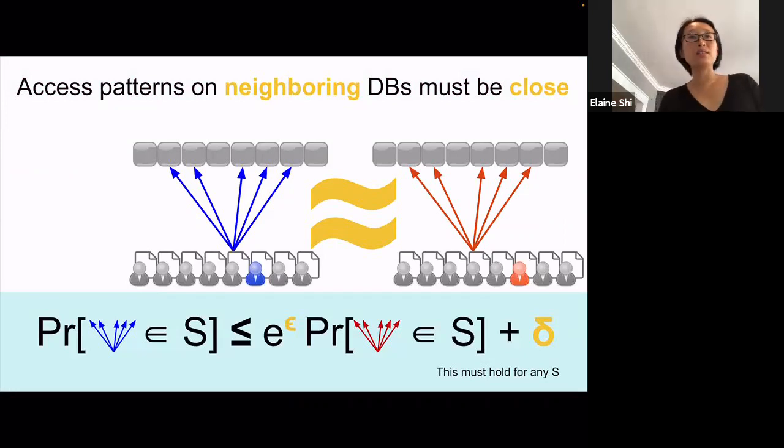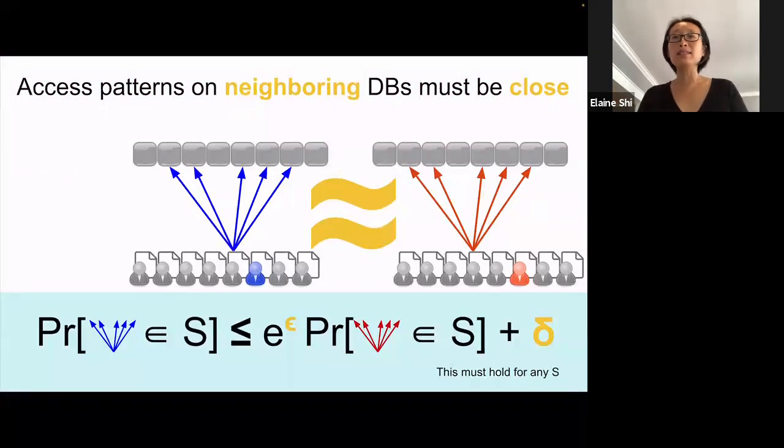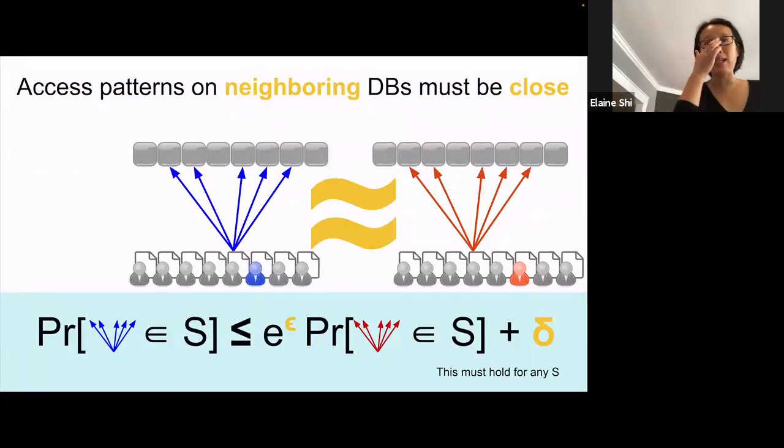In other words, consider the probability of the blue access patterns being in any set S, and the probability of the red access patterns being in the same set S. We want the two probabilities to differ by at most a multiplicative factor of e to the epsilon, and additionally tolerating an additive delta difference.